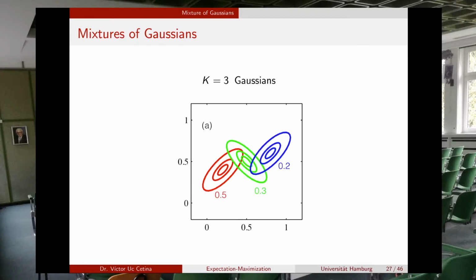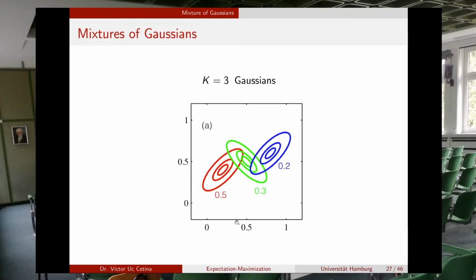So suppose that we are talking about k equals 3, so we're talking about 3 Gaussians. Gaussians can look like this. These are defined in a two-dimensional space, and here we see some probabilities 0.5, 0.3, 0.2.